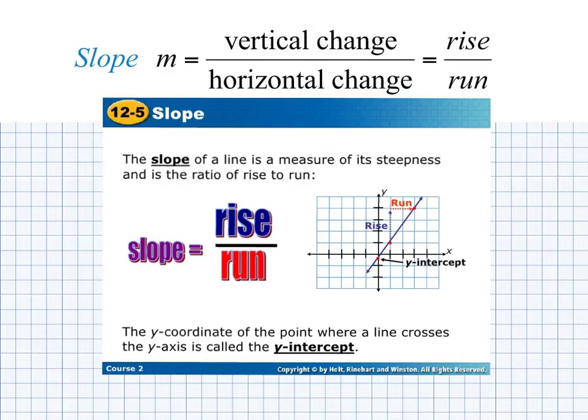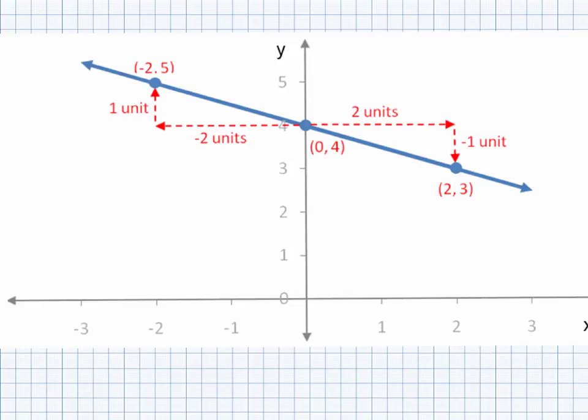The y-coordinate of the point where a line crosses the y-axis is called the y-intercept. You can see on this one that at the y-intercept, they did this dotted line. It's 1 unit, 2 units here. Over here, it's -1 and -2 units, so that's where they get the -2 and the 2 units.